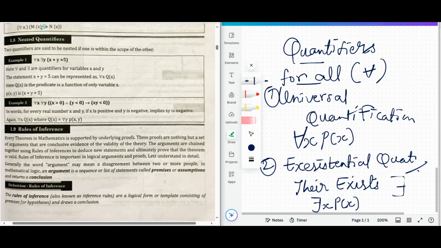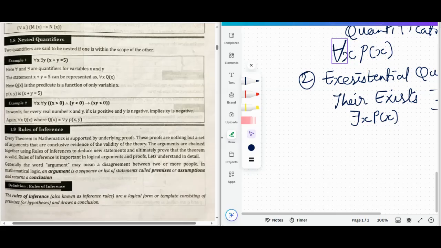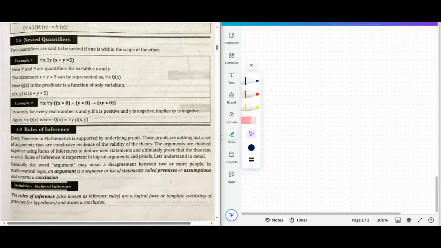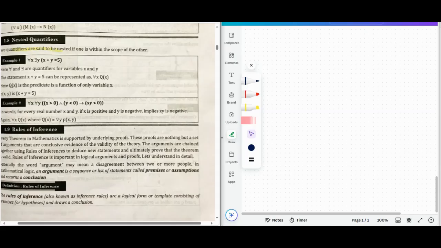Then you have nested quantification. What is meant by nested quantification? Two quantifications are said to be nested if one is within the other.